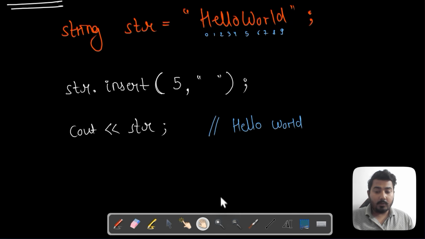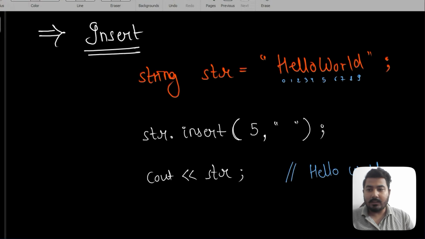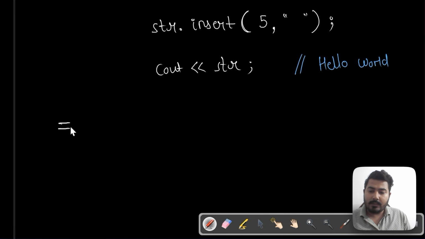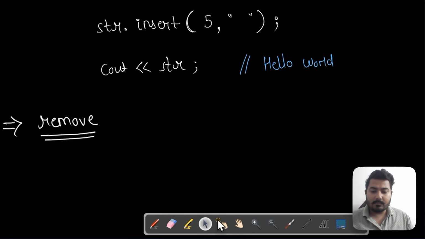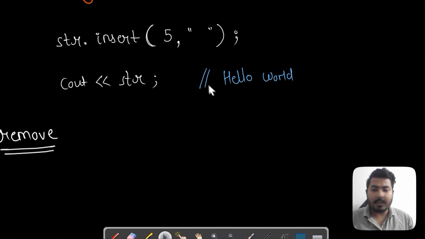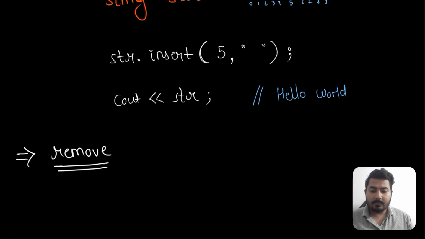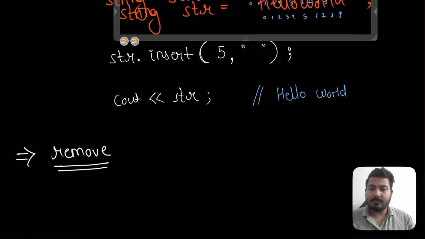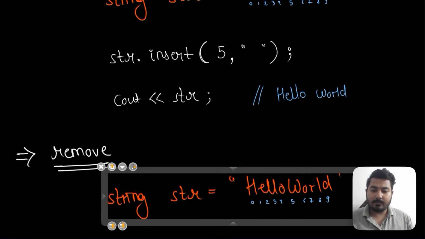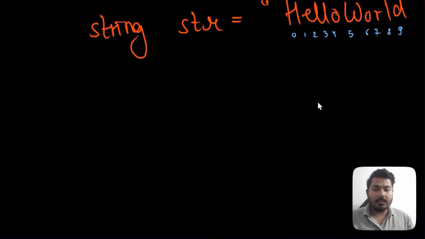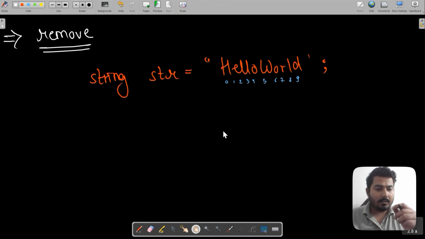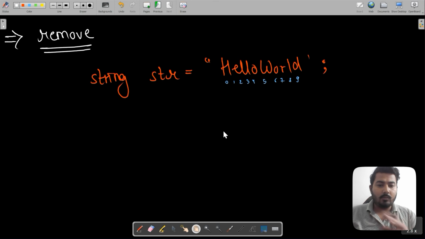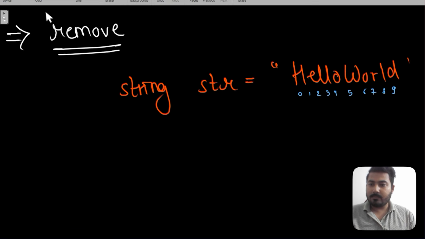Now if we are able to insert some character inside a string, how do we remove one? Let's suppose we are using this exact same example. This time, instead of adding a space in between, I want to remove O and W both.